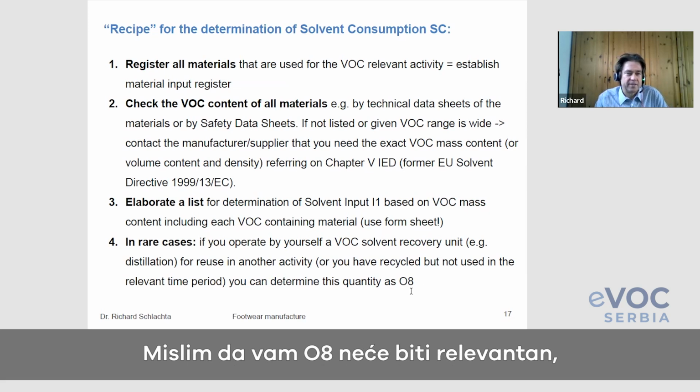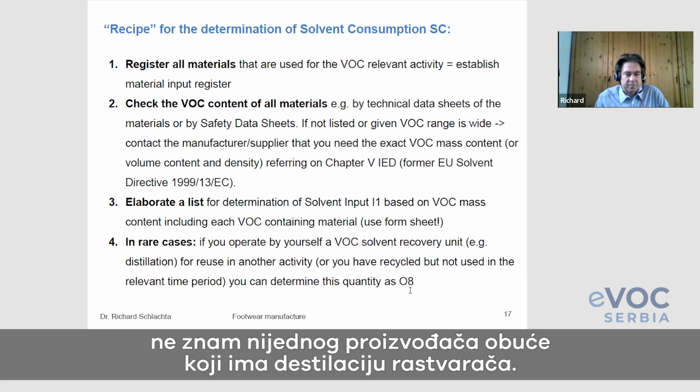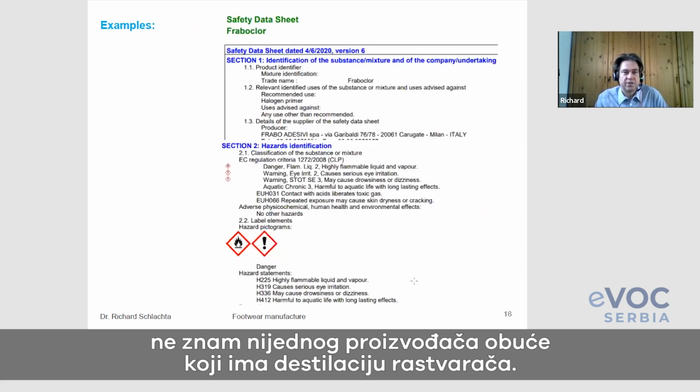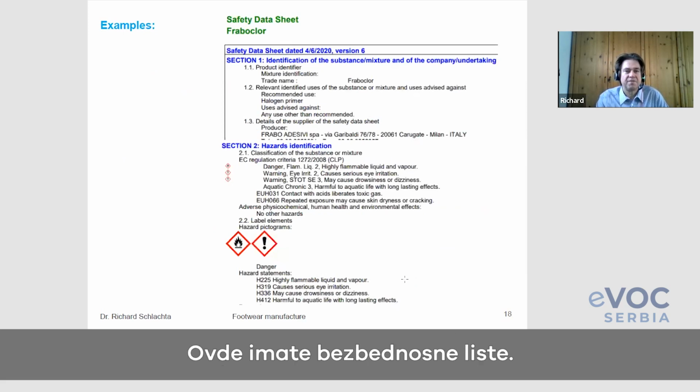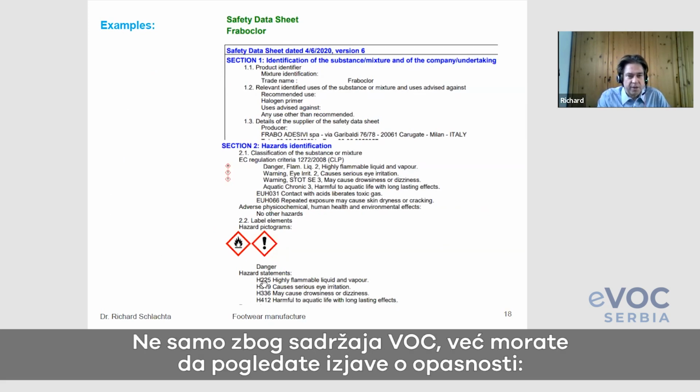But as I told you, I don't think footwear manufacturers operate any distillation unit. Here you have safety data sheets, which are very important. Why? Because you must not only look at the VOC content, you also have to look at the hazard statements.